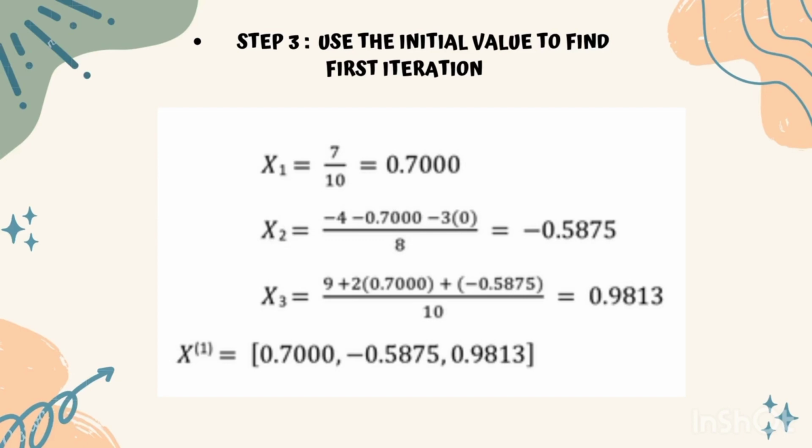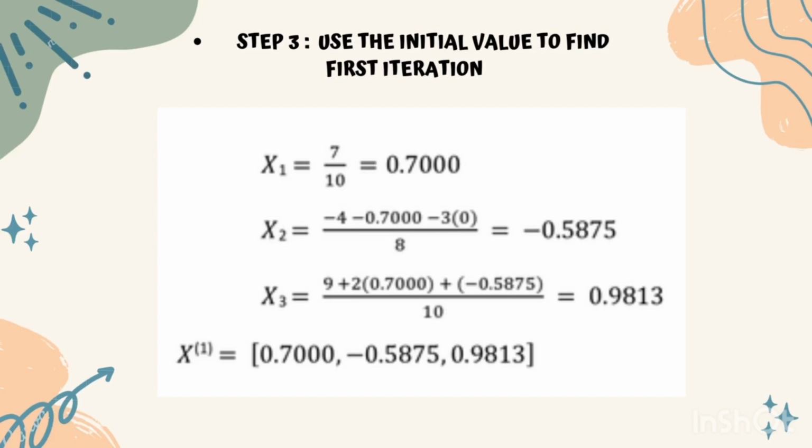To solve x2, we need to substitute the value of x1, which is 0.7, into the equation 2. So, for x2, we get negative 0.5875.